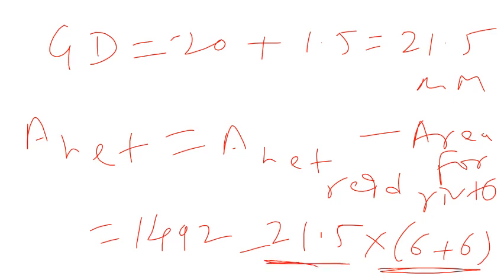I am deducting the area for one rivet for each angle. So I will be deducting the area for two rivets for two angles, and this A net available will come to 1234 millimeter square. From this we can calculate the strength of the member.